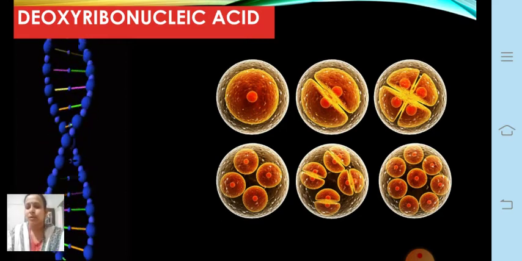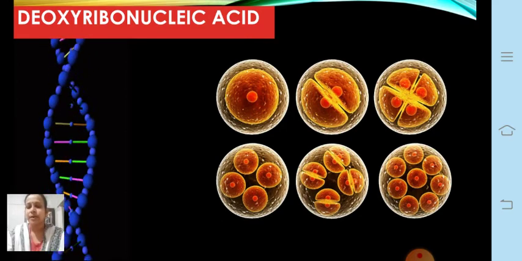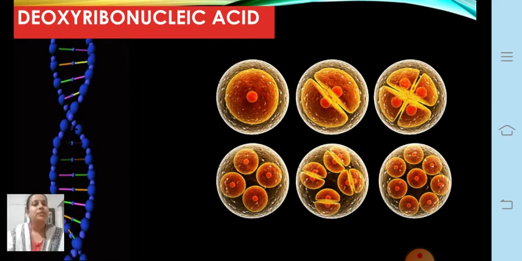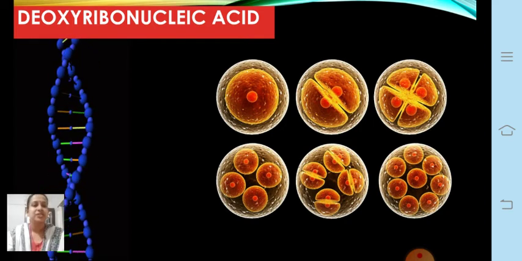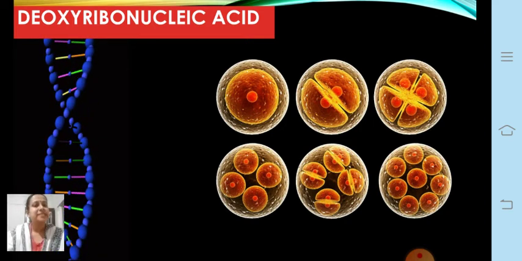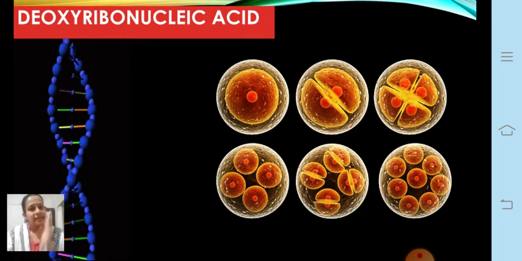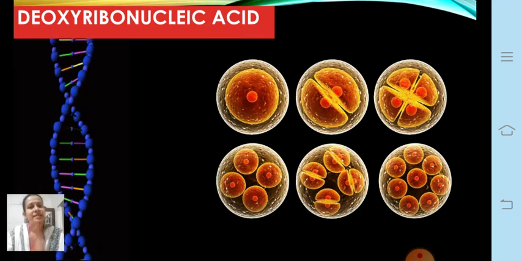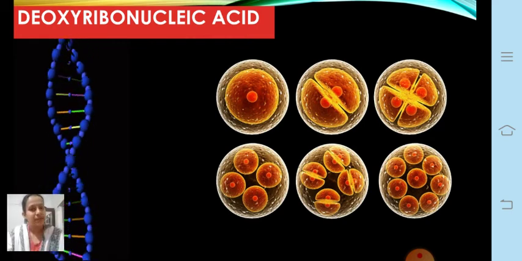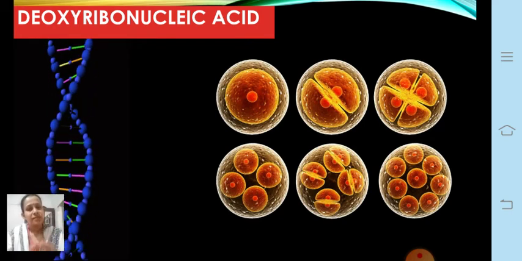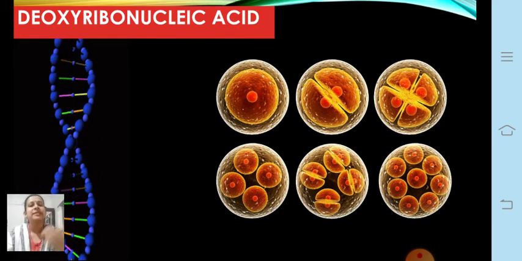What is the function of the DNA? These molecules control the functioning, growth and division, that is reproduction, of the cell. Since this DNA is present, it divides. This is called replication.